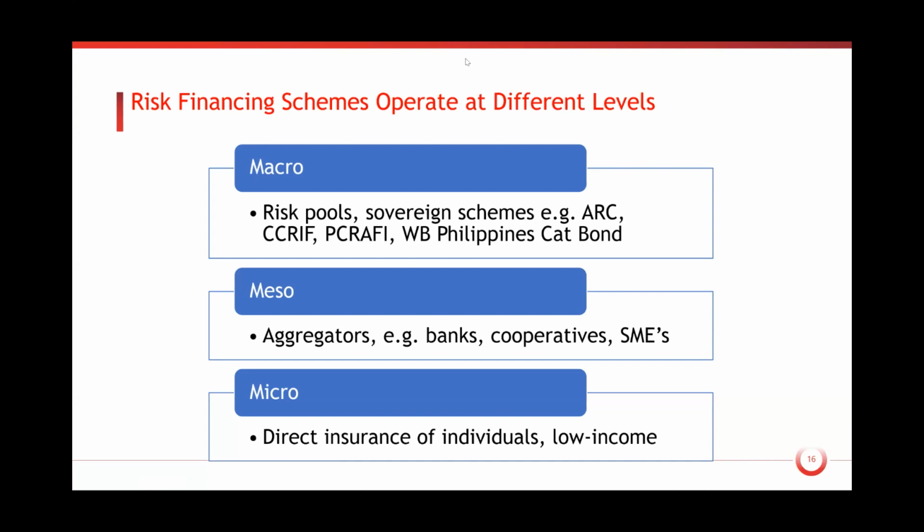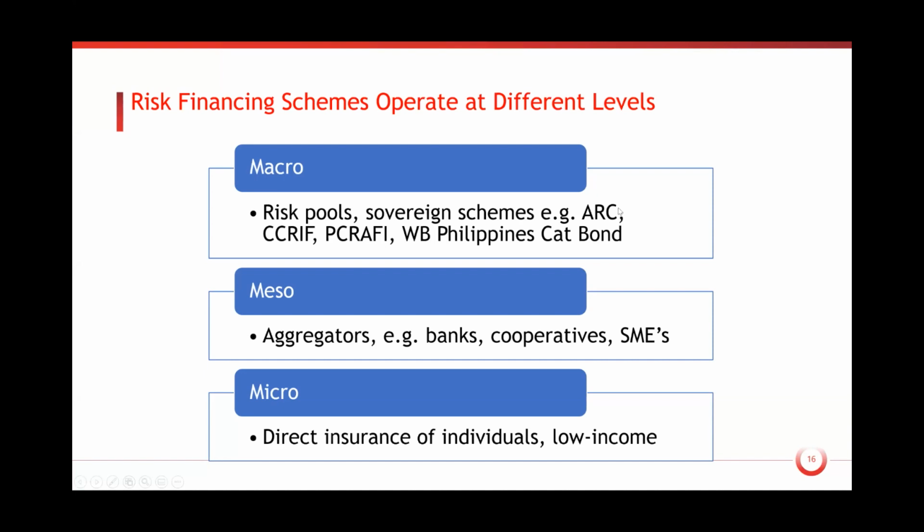And then you have micro schemes, which is talking about the direct insurance of individuals, often low-income individuals. And I know in the Philippines this is quite well established, particularly in agriculture and for farmers. And there's a lot of work going on internationally that we're involved in, in the establishment of micro-insurance around the world.